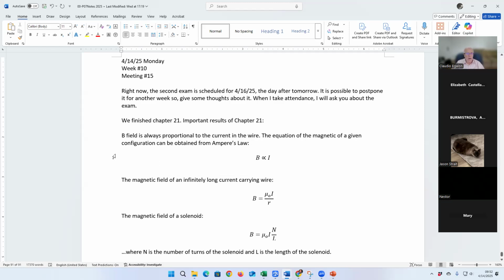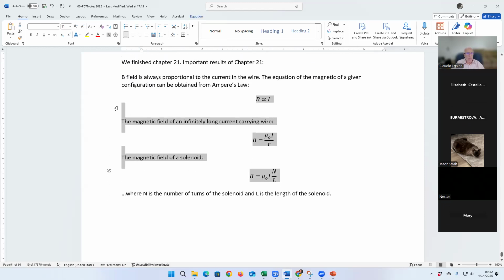Those are three very important results. If you have to memorize anything, memorize this one right here: always proportional to the current. The larger the current, the more intense the magnetic field is.